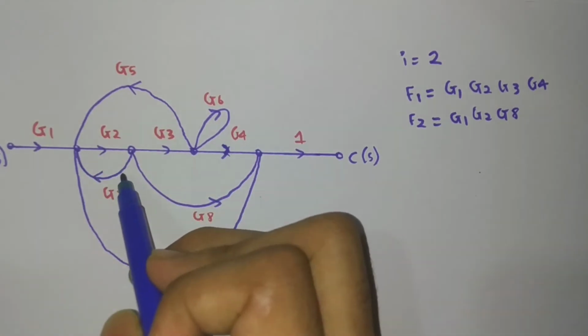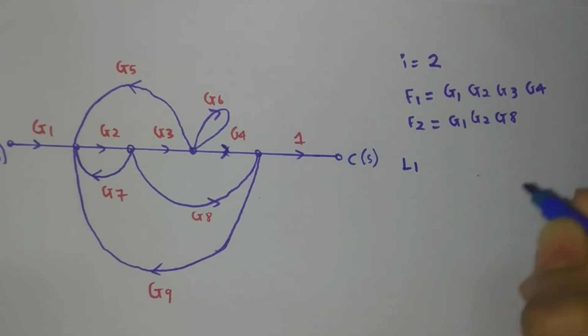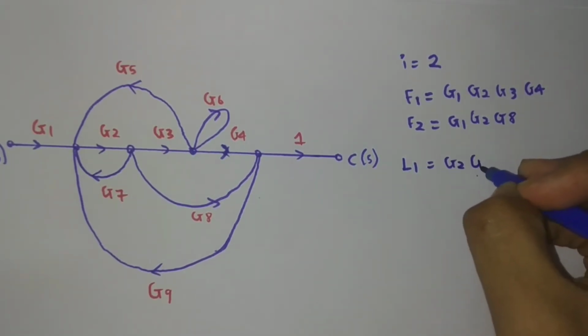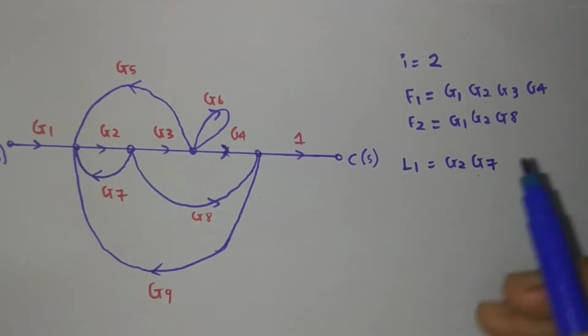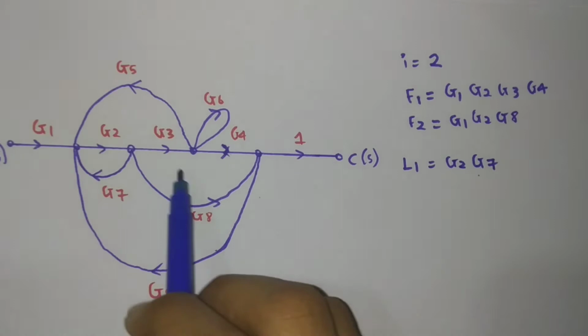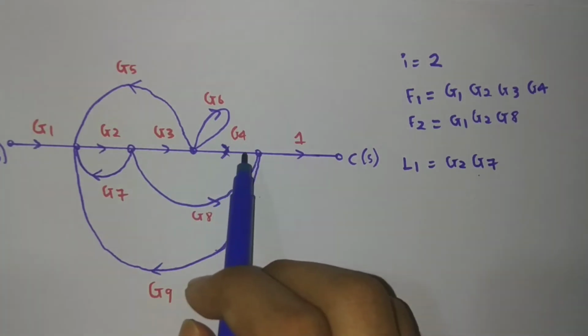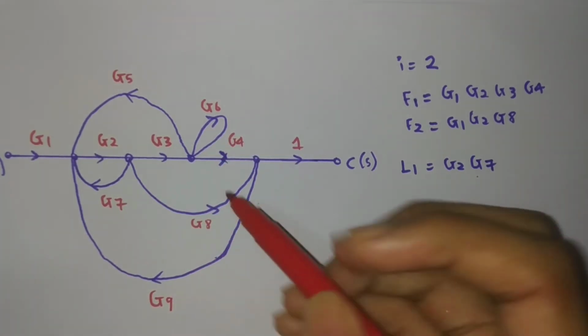G2, G7 will be one loop. So we write L1, the first loop, as G2 G7. This is our first loop. Now there are more loops. You can see even here as well, it's G3, G4 and G8.